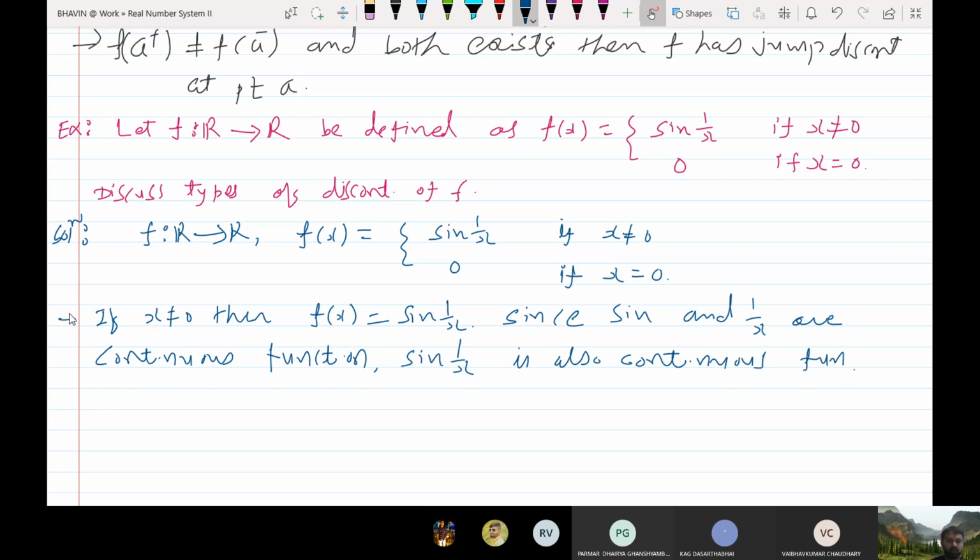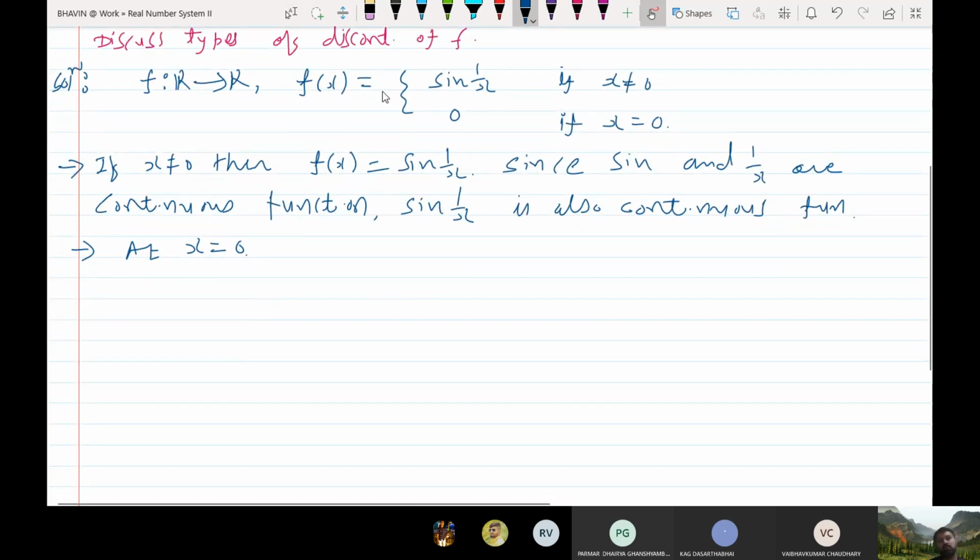So now only we need to check continuity at point x equal to 0. At x equal to 0, function is discontinuous. Okay. So now suppose if possible f is continuous at 0. We will get some contradiction.